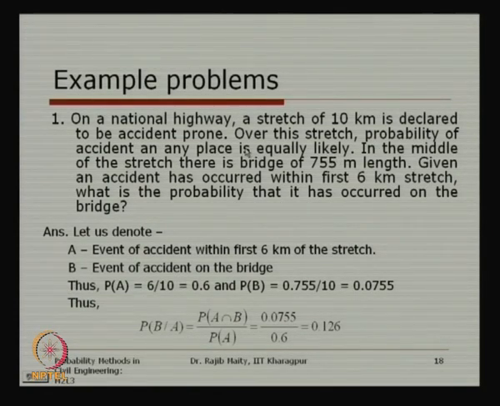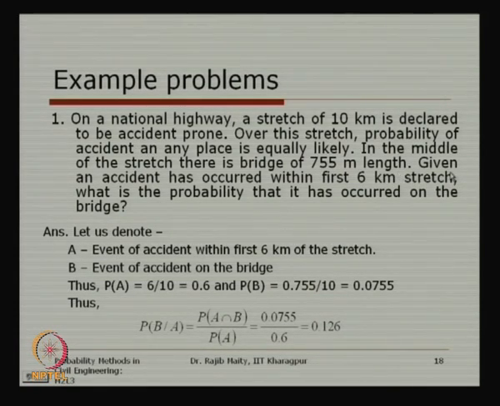Recalling some of our previous classes, equally likely here is an attribute for assigning probability to a particular event. The event here is that one accident takes place over any particular substretch of this 10 km area, and it is equally likely. In the middle of this 10 km stretch, there is a bridge of 755 meter length.